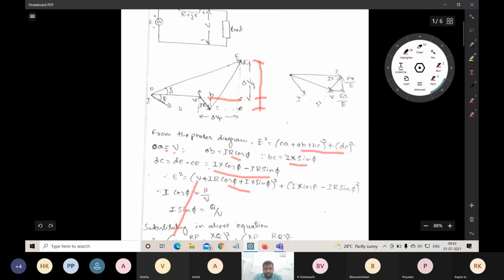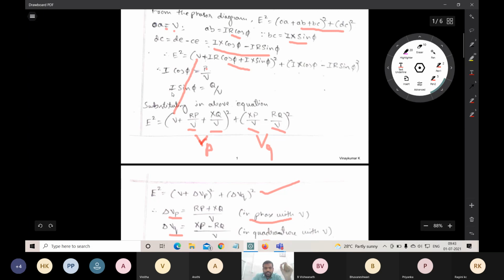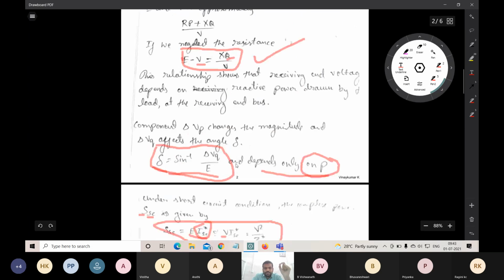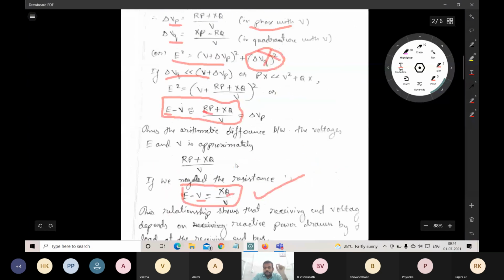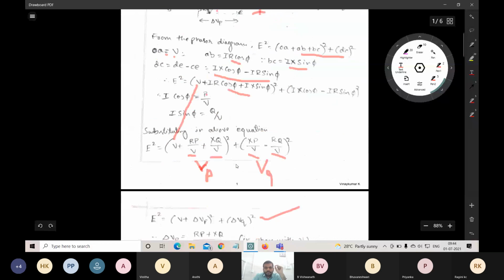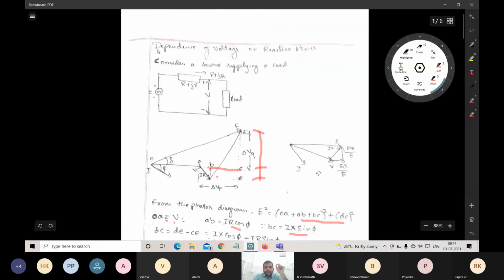So delta is the angle between the supply voltage and the receiving end voltage. This delta is important here. We can use this angle in numericals, so remember this also. Okay, so this is the concept about the dependence of voltage on reactive power.